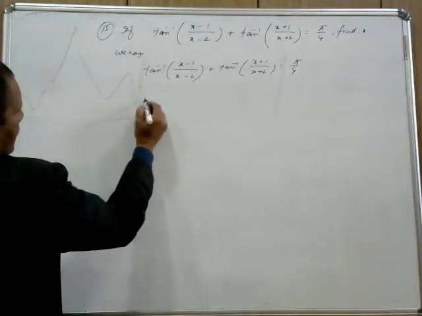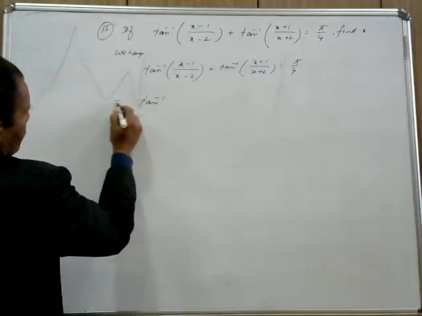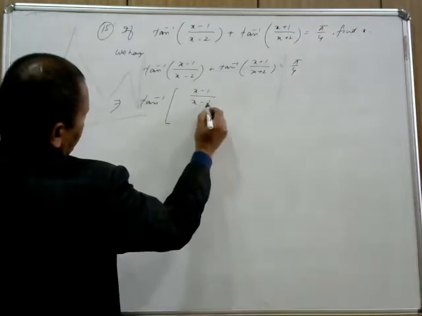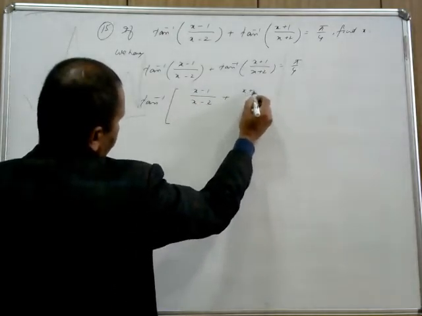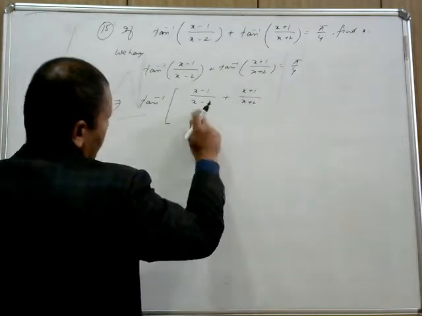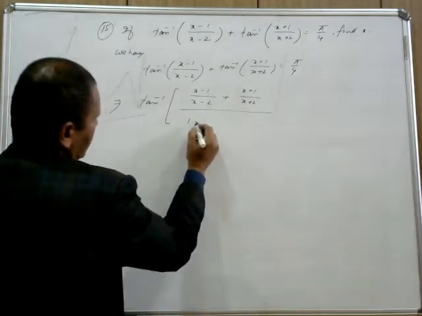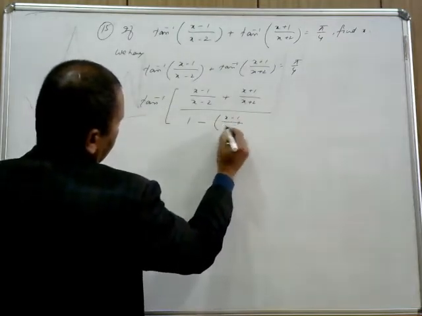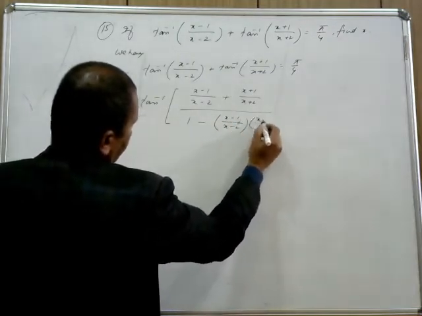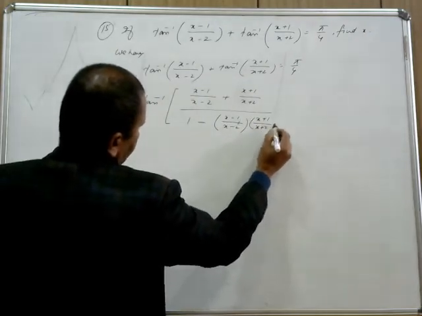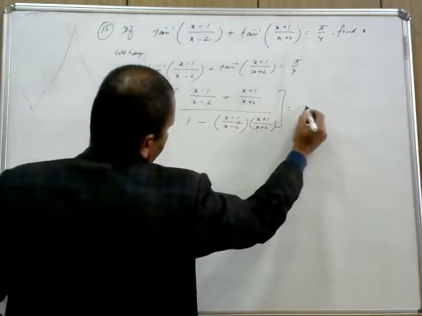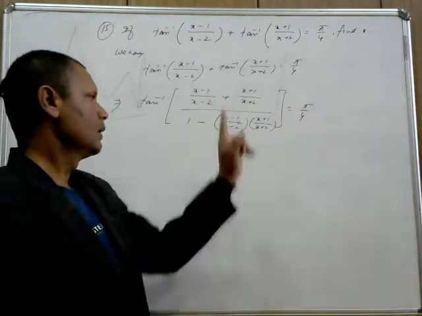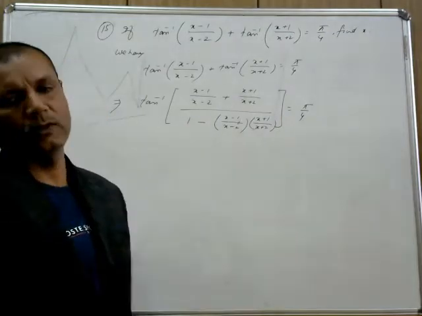And therefore, I can write now tan inverse x minus 1 upon x minus 2 plus x plus 1 upon x plus 2, that is x plus y, upon 1 minus x minus 1 upon x minus 2 into x plus 1 upon x plus 2 is equal to pi by 4. Thus I have used tan inverse x plus y upon 1 minus xy.